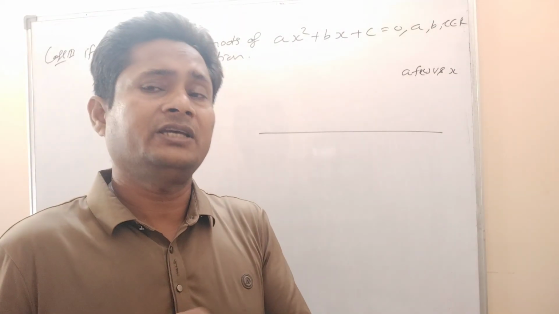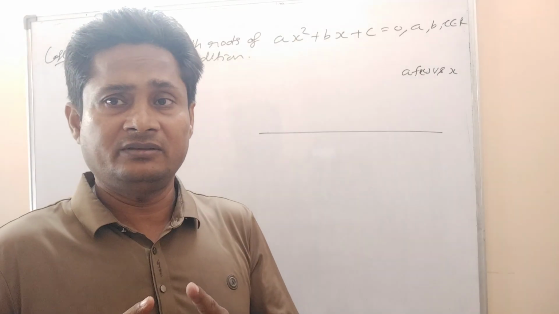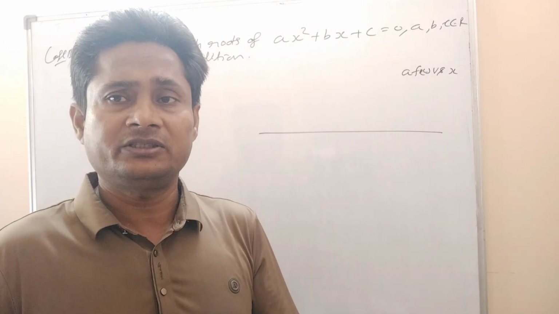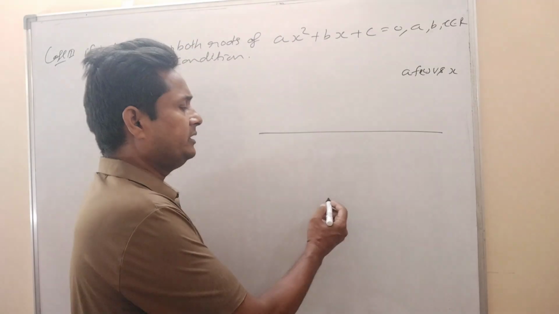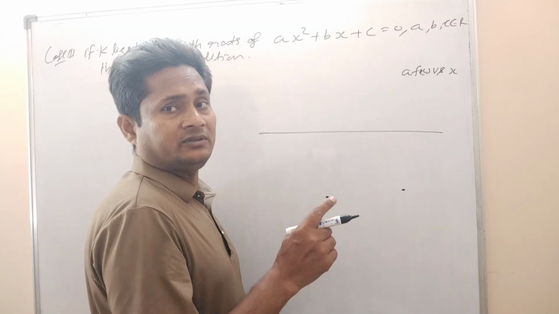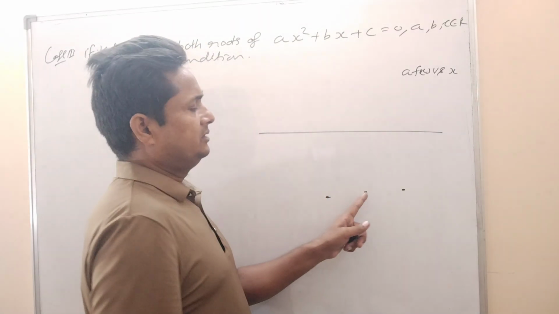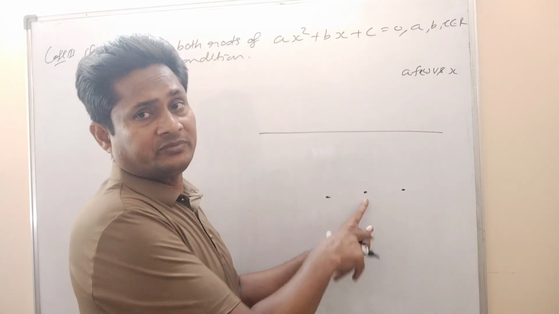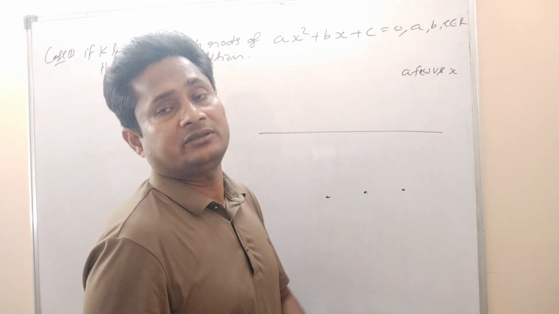So which type of roots must they be? Distinct, equal or imaginary? We know that if any number lies in between two numbers, then these two numbers must be distinct.